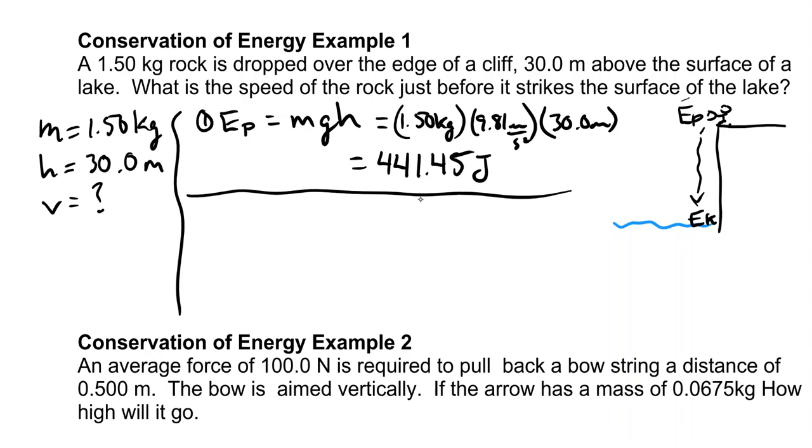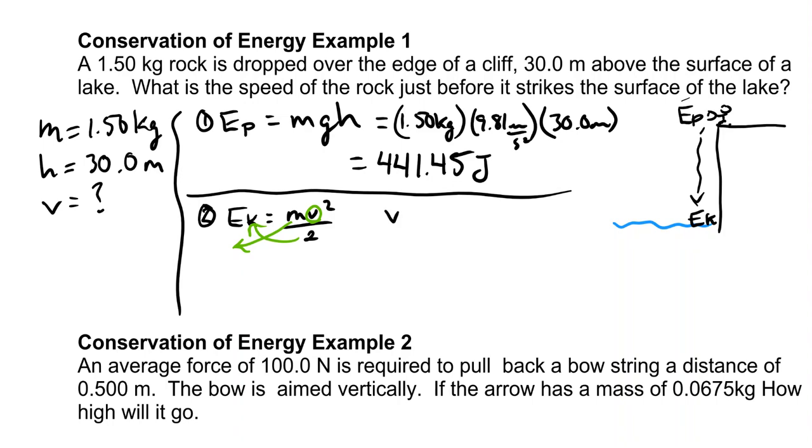Okay, so now we can take that energy, which is now our kinetic energy, and number two, we can rearrange the kinetic energy formula. EK equals mv squared over 2. We want V. So 2 goes up, m goes down, and we take the square root of it.